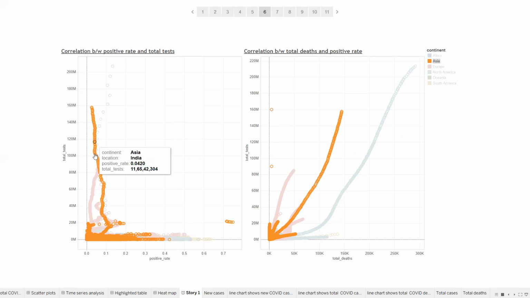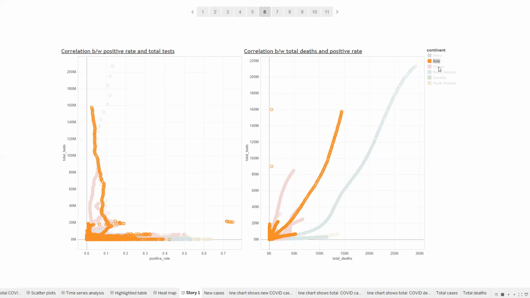And similarly, here also with the increased number of testing, the total COVID death initially starts increasing, but after a certain point, which is 1,44,789, it is expected that it will follow a constant trend like this.